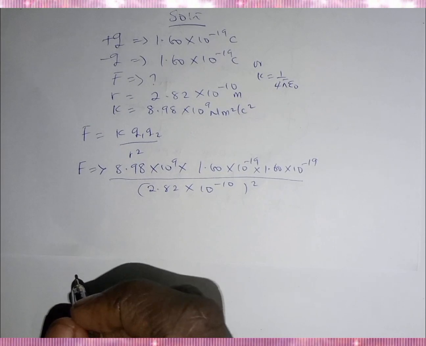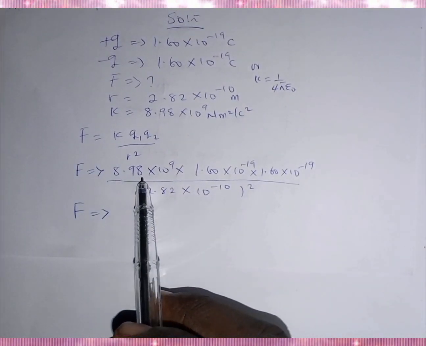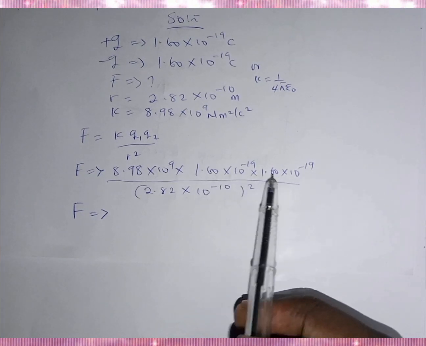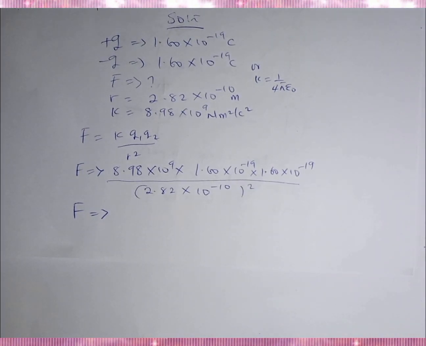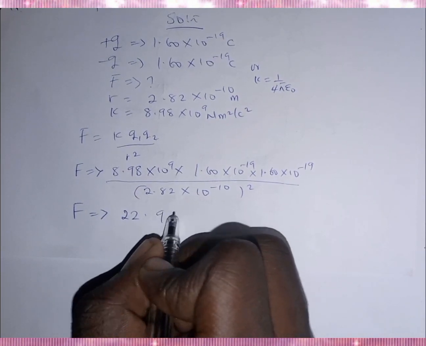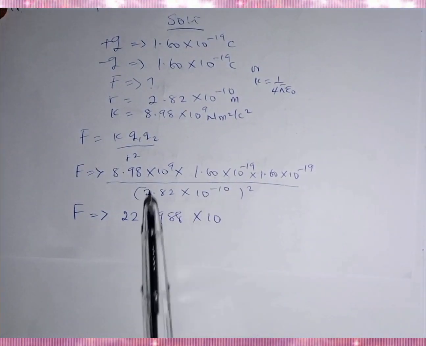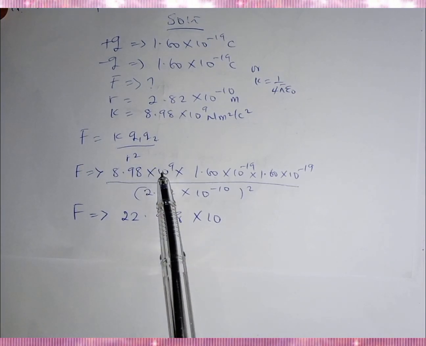So now continue from where we stopped, we have F equals, now let's multiply 8.98 with 1.60 times 1.60. What are we going to have? The value is 22.988 times 10. Now actually we have how many 10s here? 1, 2, 3.